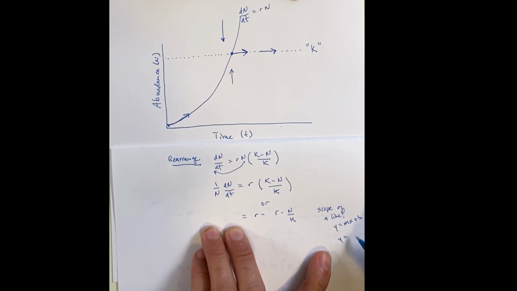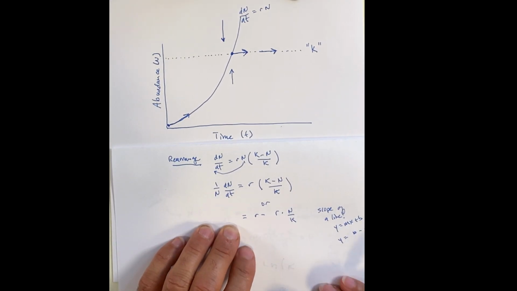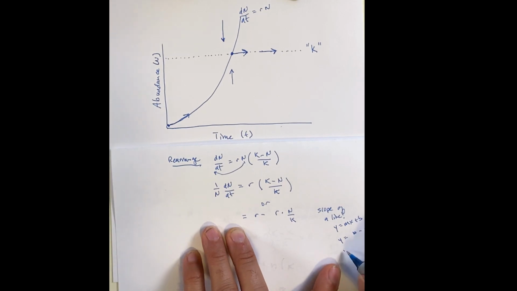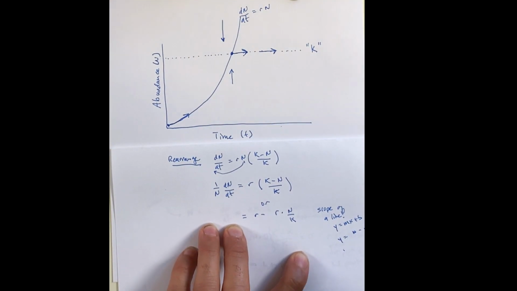I hope you remember that. Where b is your intercept, in this case it's r, and your slope is negative r over K, and your x is your N.